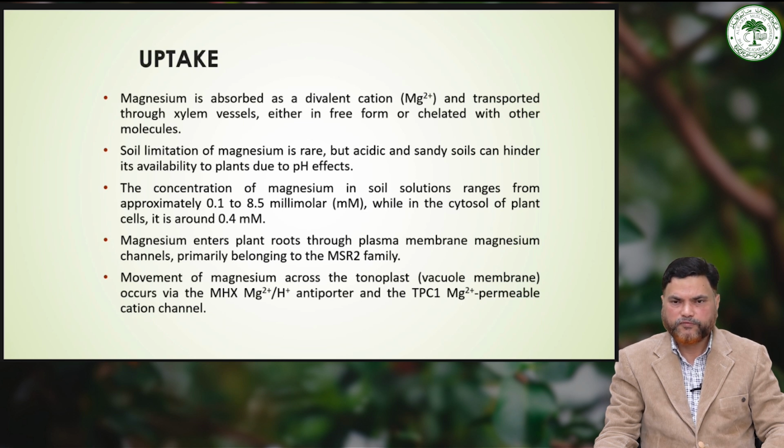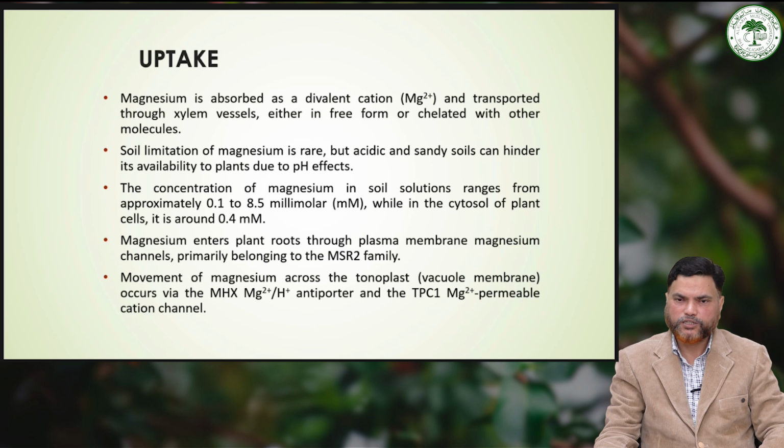The uptake of magnesium into the plant root is generally facilitated by specialized plasma membrane magnesium channels, predominantly belonging to the MRS2 family. So you should remember the type of channel involved in uptake of magnesium at this juncture. This is very crucial. These channels allow for the selective passage of magnesium ions into the root cells.